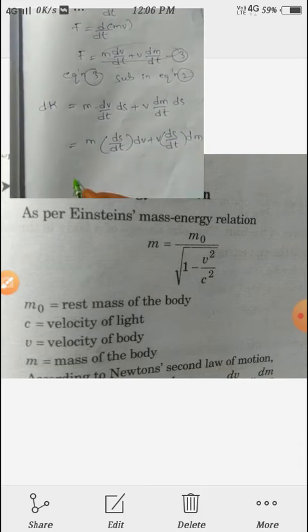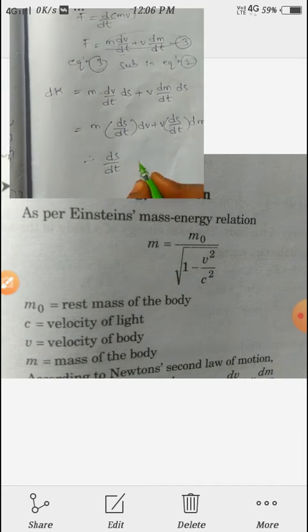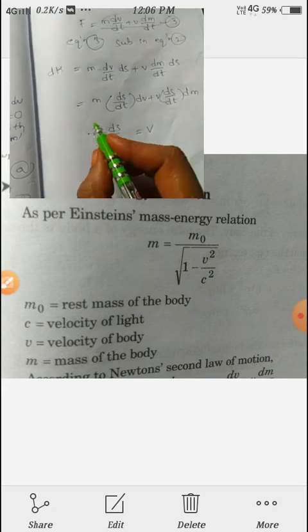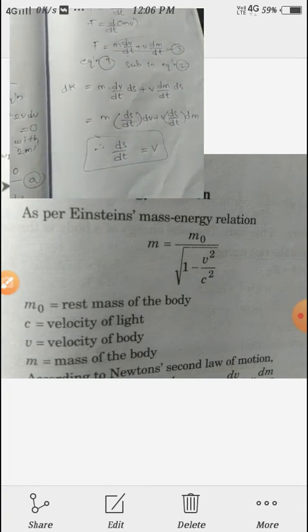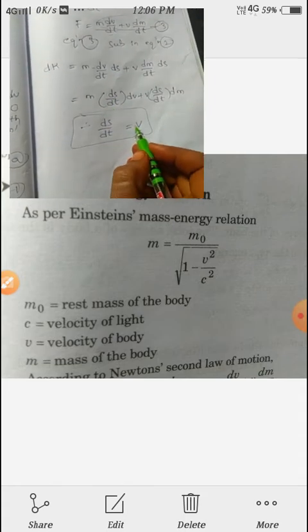We know that the rate of change of displacement ds by dt is equal to velocity v. So we can write ds by dt replaced by v.